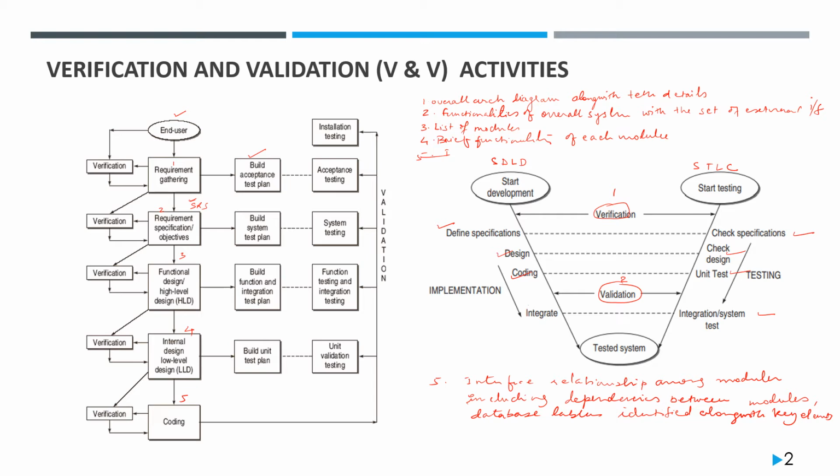For requirement specification, build system test plan. Then build function and integration test plan for high level design, and build unit test plan for low level design. And then installation testing is also started, acceptance testing, system testing, functional testing, and unit validation testing.